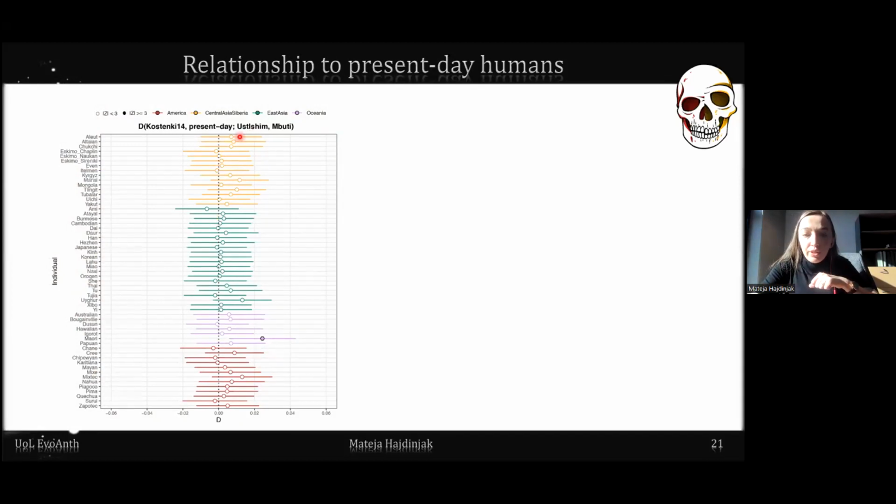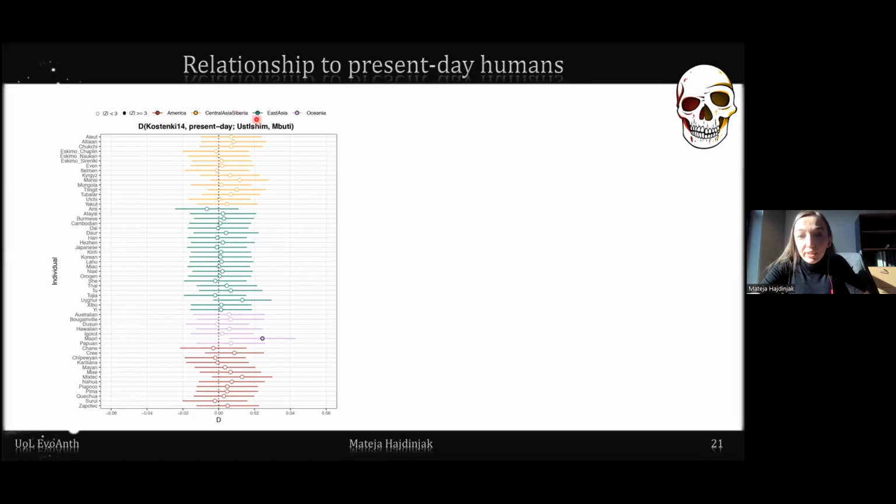So here, just for illustration, I'm showing the sharing of these alleles. So how much this individual is sharing with a given present-day human population or with a pre-agricultural hunter-gatherer from Europe. So in this case, it is the approximately 38,000-year-old Western Eurasian called Kostenki 14.